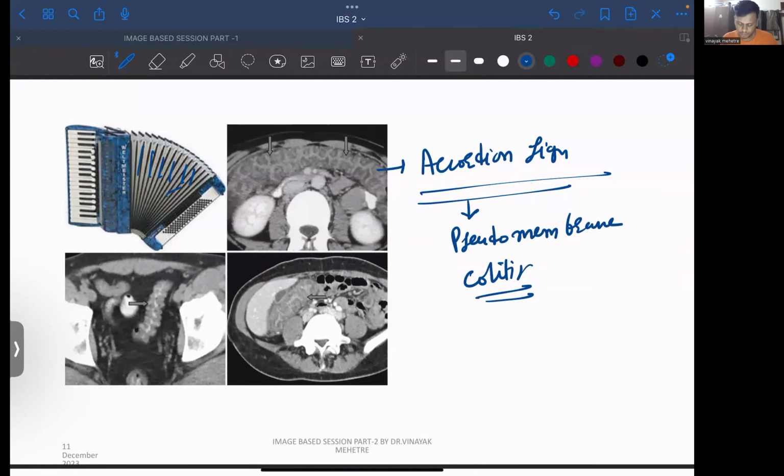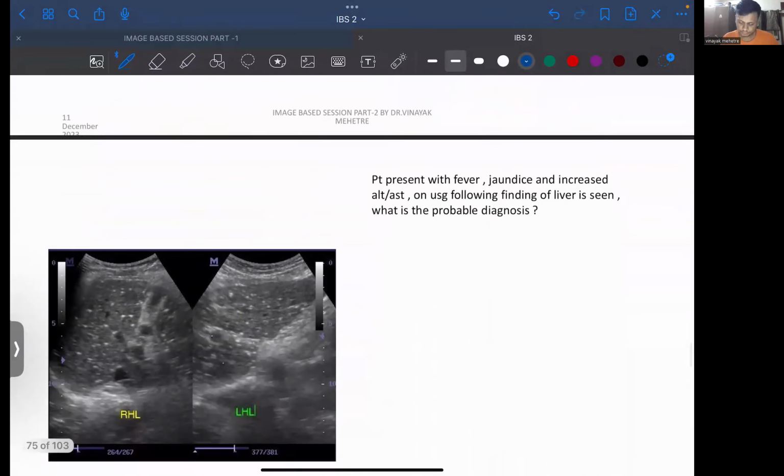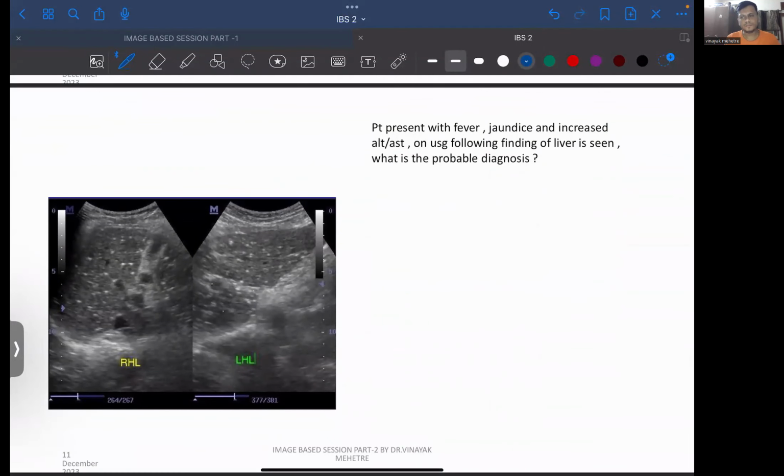Okay. क्या है ये? Patient with fever, jaundice, increased ALT, AST, that is SGOT and SGPT, and ultrasound of liver is showing this one. इसको बोलते हैं starry sky appearance of liver, है ना, स्टार्स दिख रहे.